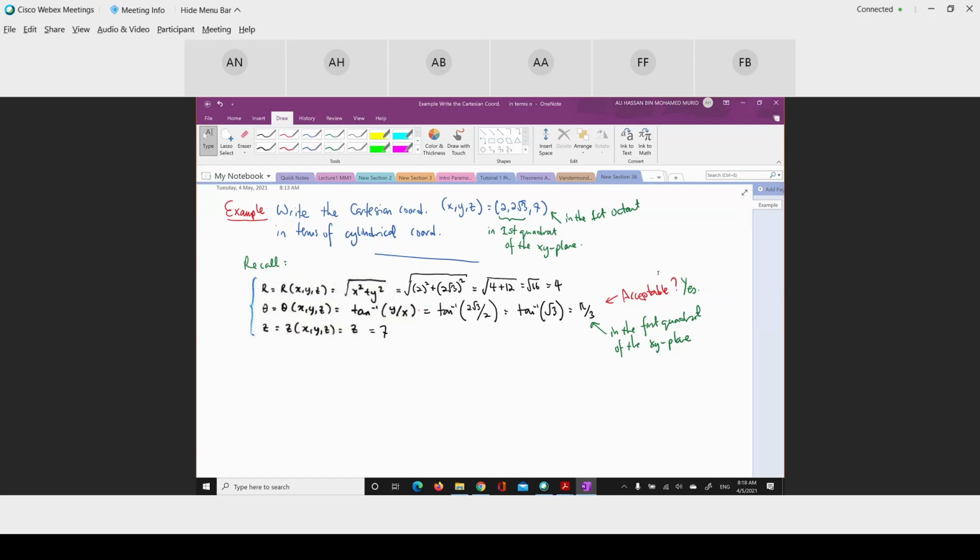Therefore, r, theta, z is equal to 4, theta is pi over 3, and z is 7. This is the equivalent polar coordinate, cylindrical coordinate, for the Cartesian coordinate. Any question?